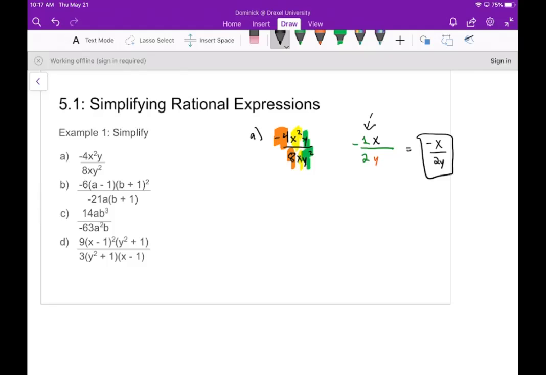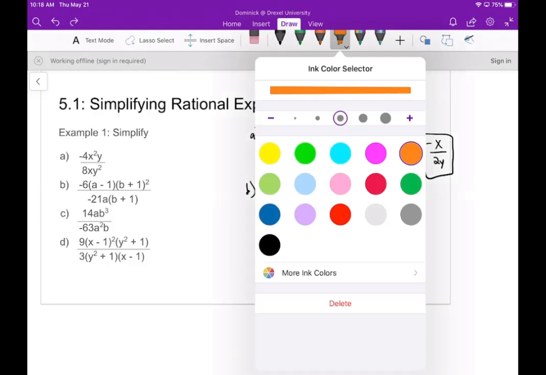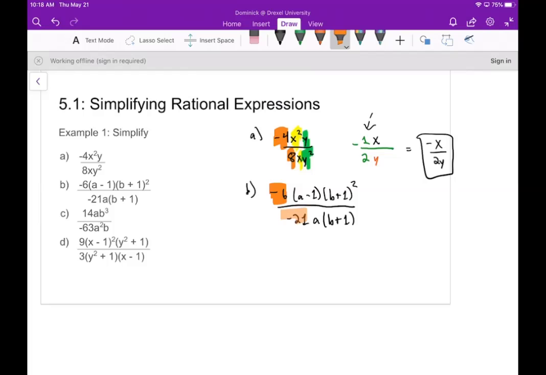Okay, let's look at part B. In part B, we have negative 6 times a minus 1 times b plus 1 squared over negative 21 a times b plus 1. Again, we're doing this piece by piece. If we look at our numbers out front, we have negative 6 and negative 21. It looks like we can not only take a negative out of both of them, but we could take a 3 out of both of them.